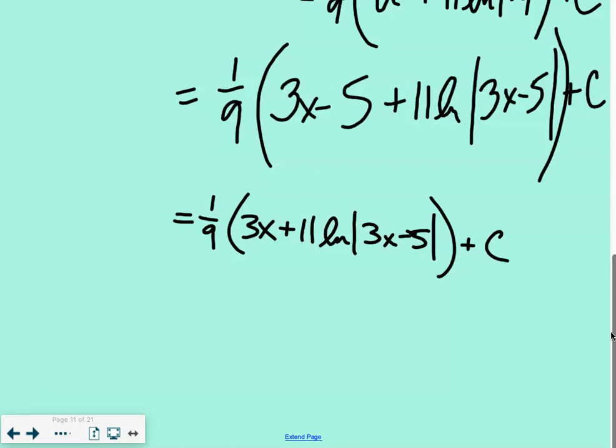Why would this be the correct answer choice and not that? Yes. Because you can just put the 5 in the C. The College Board will never have constants with a plus C. They will lump every constant into the plus C. So they will never have 3x minus 5 plus 11 blah, blah, blah, plus c.